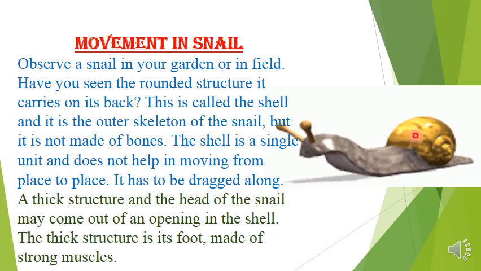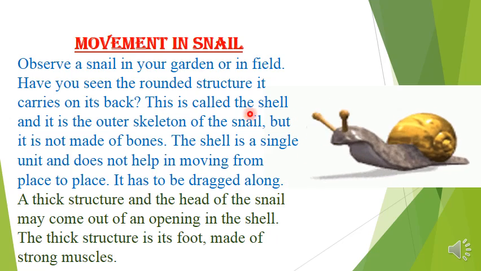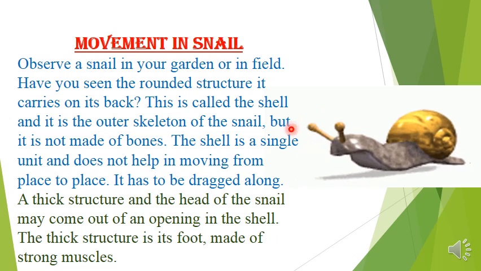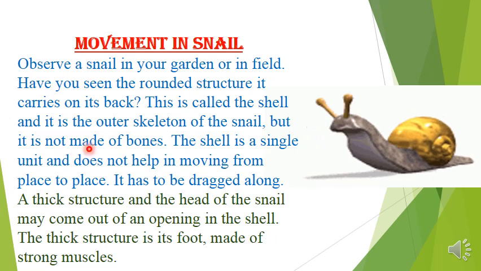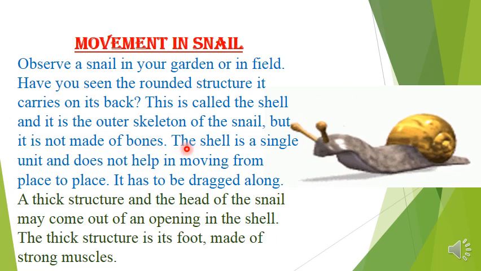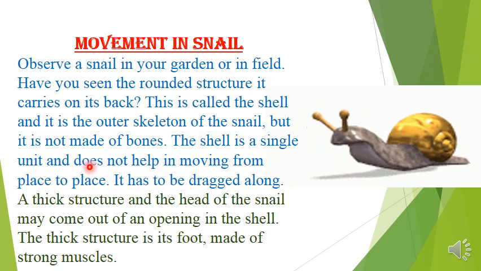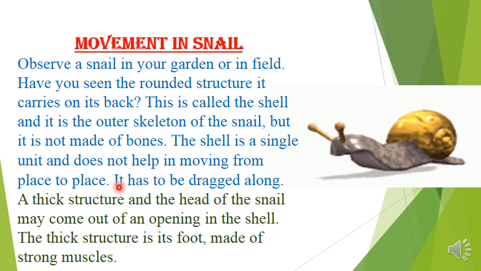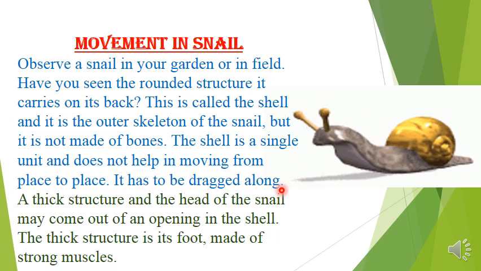This is called the shell and it is the outer skeleton of the snail, but it is not made up of bones. The shell is a single unit and does not help in moving from place to place. It has to be dragged along.